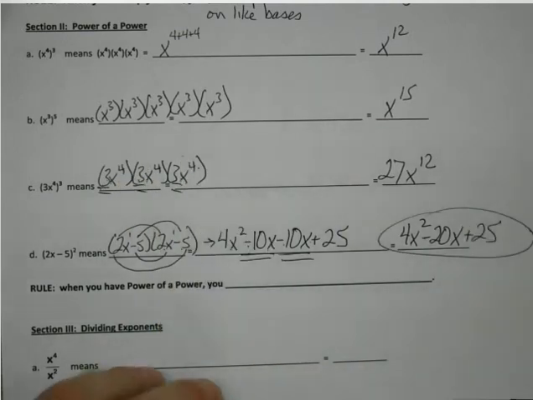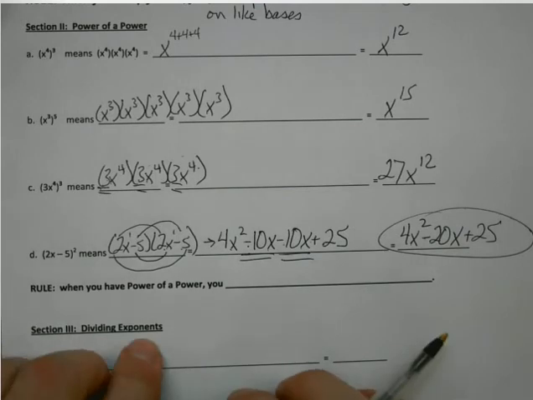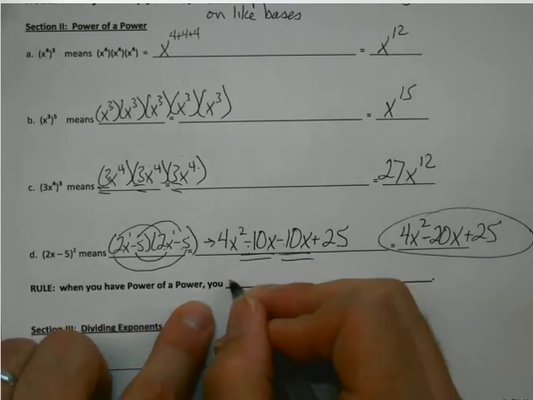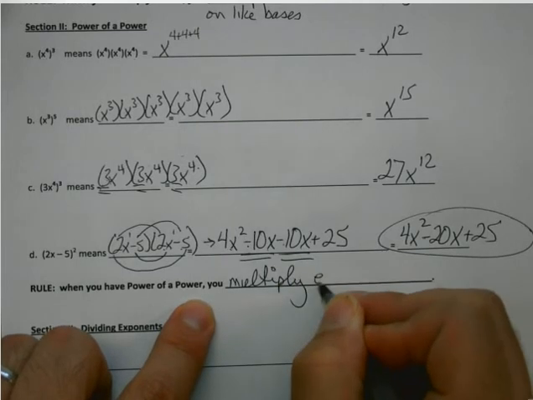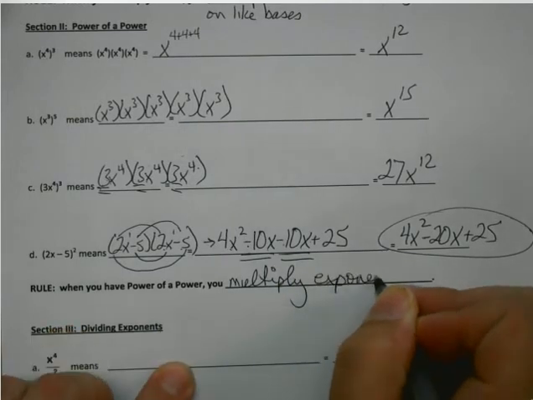Okay, and that gets me to my answer. I can't just distribute the 2 here like so many people do and say this is 4x squared plus 25. It gets me part, but it makes me lose the middle term. So the rule here is when you have a power to a power, you're going to multiply the exponents.